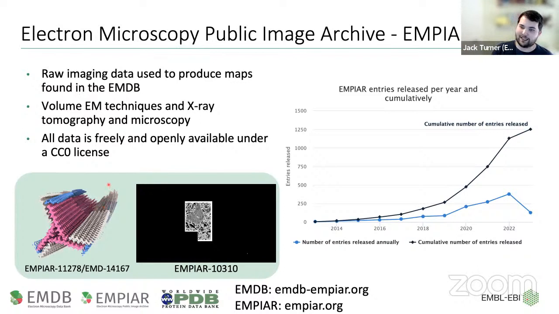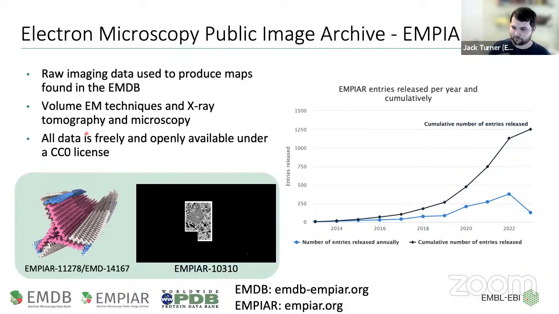It has expanded significantly in terms of the number of methodologies that it accepts now, though, and it also accepts volume EM techniques, X-ray tomography and microscopy, so on and so forth. I'll show a full list later on in the talk. Something that's worth noting on the side of TEM and SEM tomograms, you are expected to deposit a sort of example tomogram to the EMDB, and then you can deposit the rest of your data set to EMPIAR.